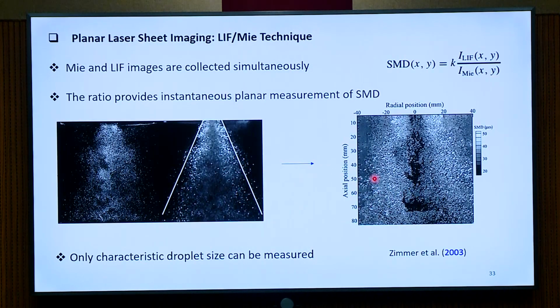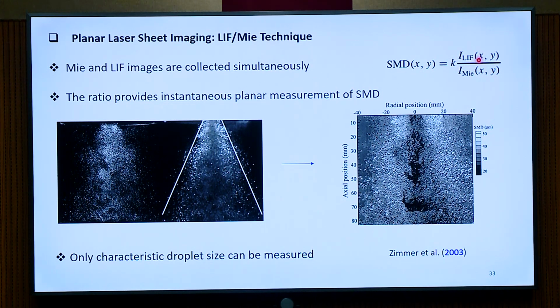Okay, so this is about the velocity measurement. The LIF-Mie technique can be combined also to get size of the particles. So we know that Mie scattering is proportional to d square and LIF intensity is proportional to d cube.